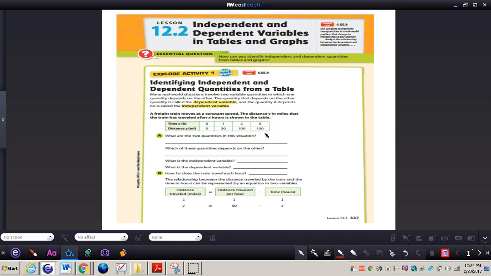Now we can see, taking a look at this, what are the two quantities in this situation? And we can see we have a quantity of time and also a quantity of distance. So let's write that out together. So two quantities, and I'll write it over here, time and distance.